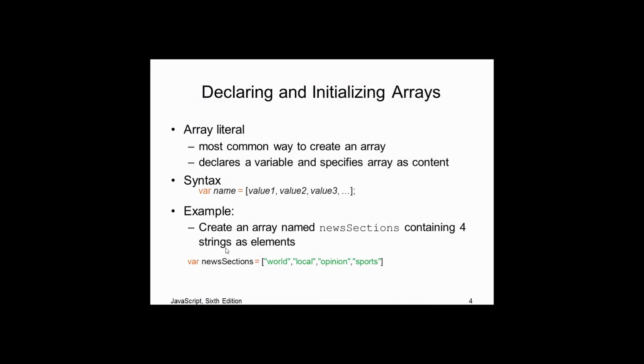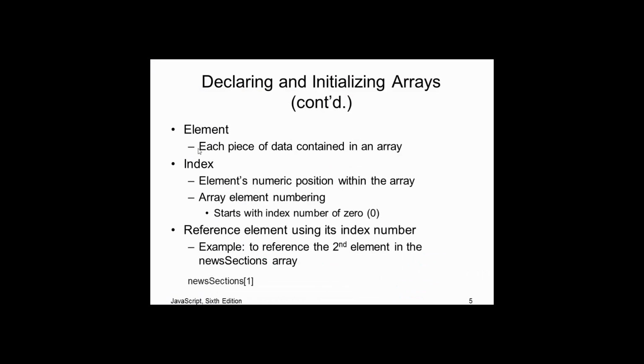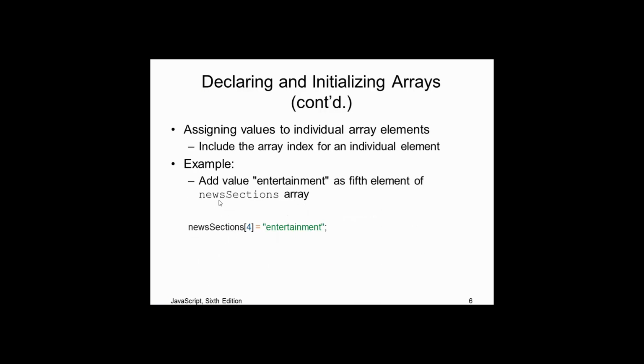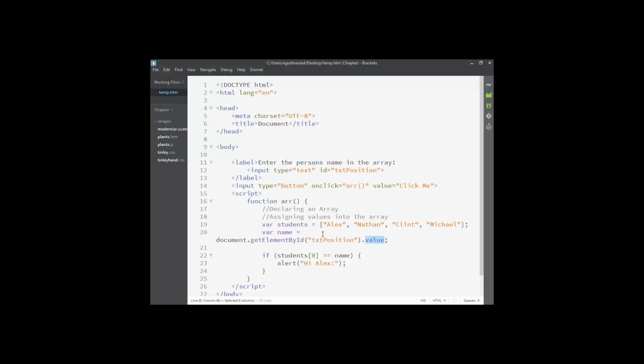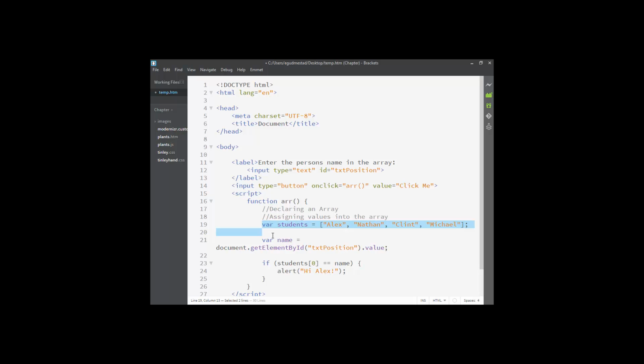Let's hop back into our PowerPoint. We talked about how we reference them by their indexes or their positions. What's nice in JavaScript is that arrays can dynamically grow in size. So right now, there's 4 elements in the array.